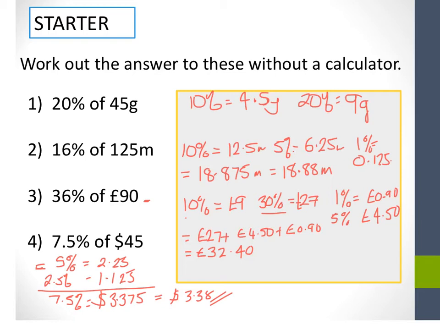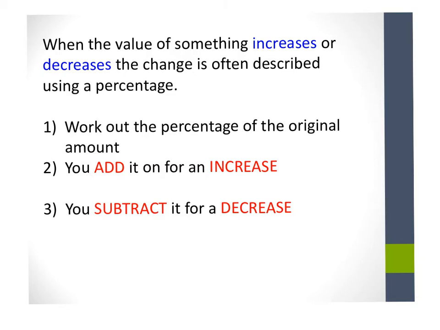Now, understanding these non-calculator methods is good, and the more practice you get, the quicker you'll become. Now, sometimes when a value of something increases or decreases, we can often describe the change as a percentage.